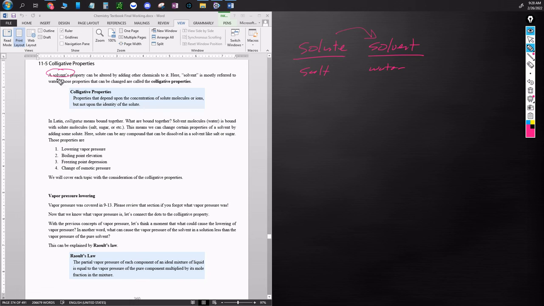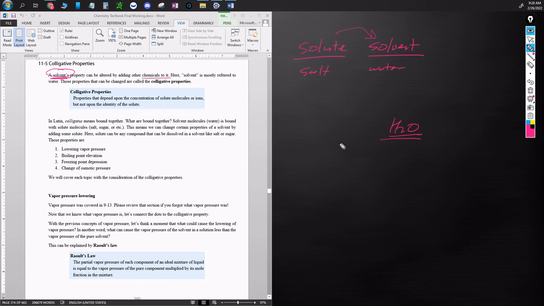The solvent, which is water, has properties that can be altered by adding chemicals to it. What does that mean? Even if water has a certain solubility, an ability to dissolve, by changing parameters around it, it could create a different level of solubility, meaning it can dissolve more or less.